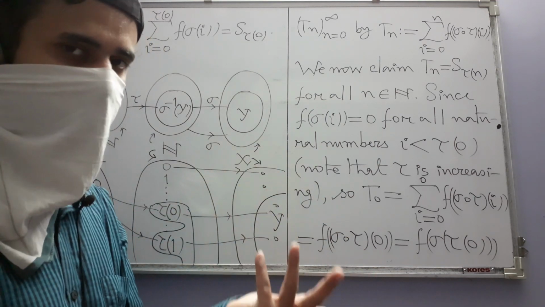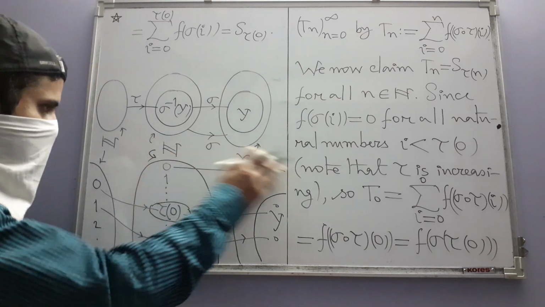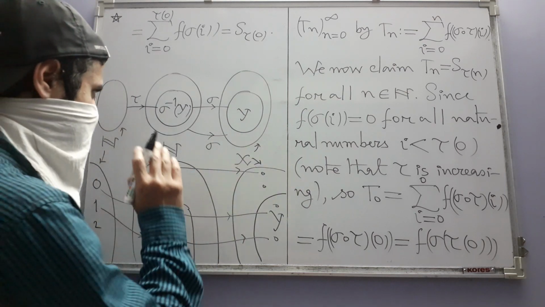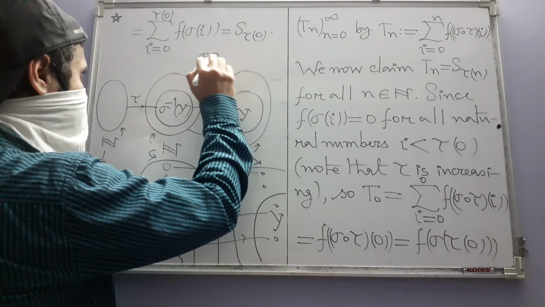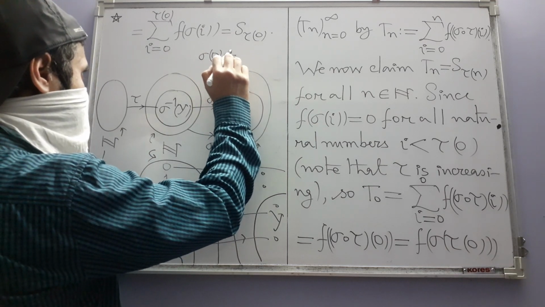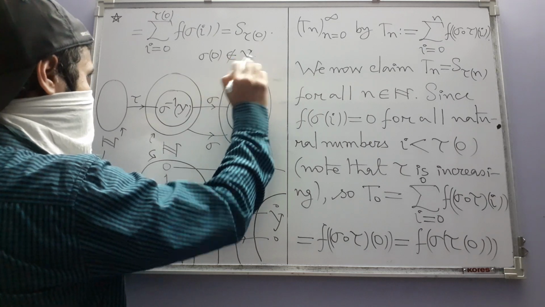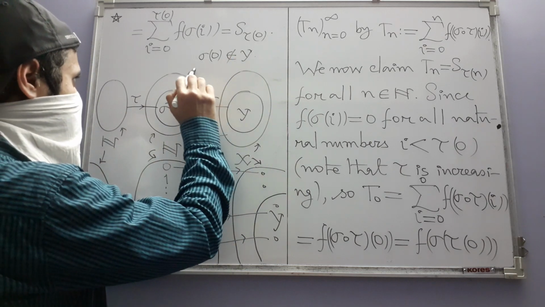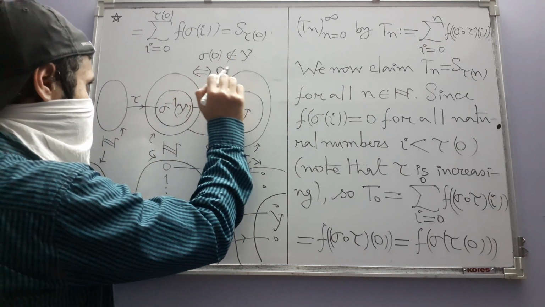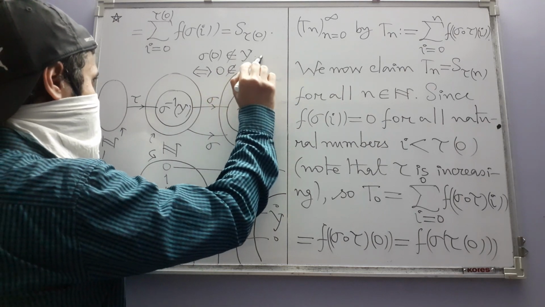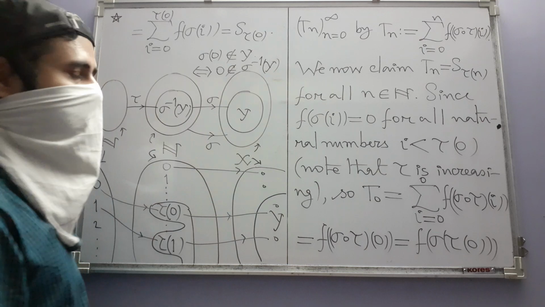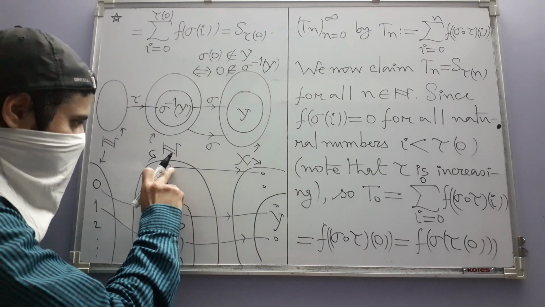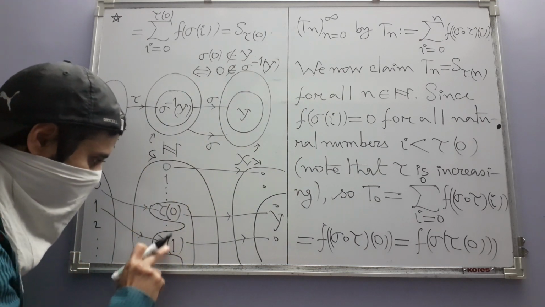It belongs to x, no doubt about that, because sigma takes us from n into x, but sigma of 0 does not belong to y because 0 does not belong to sigma inverse of y by the definition of inverse image, because these elements do not belong to sigma inverse.